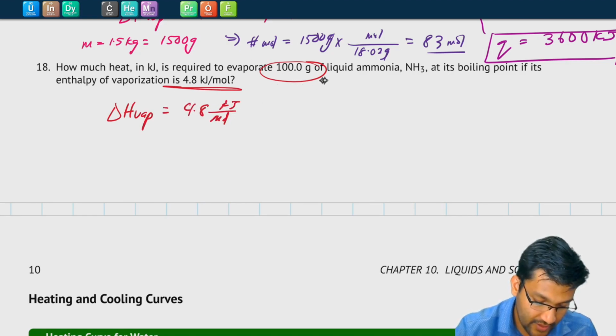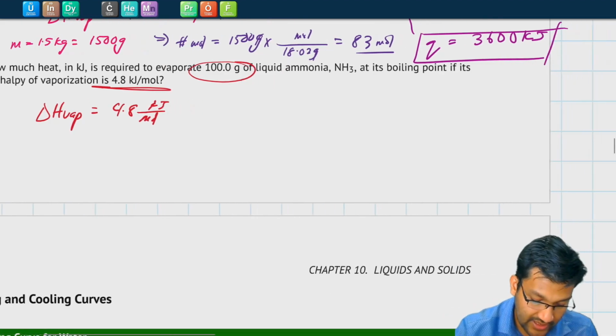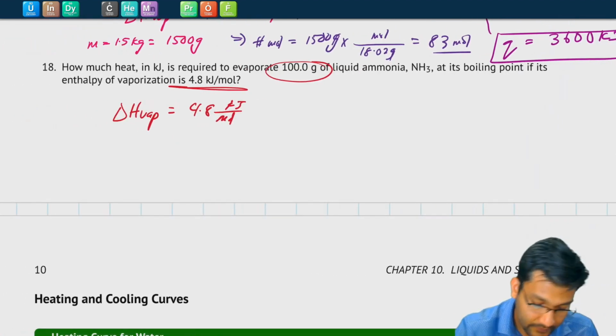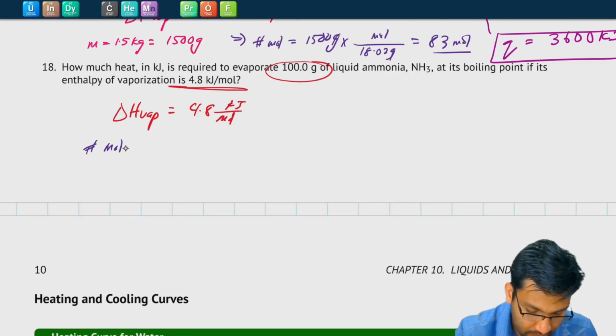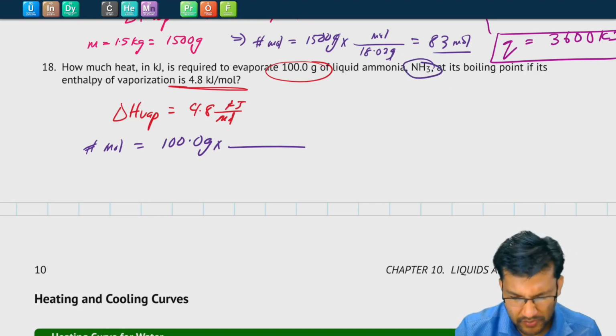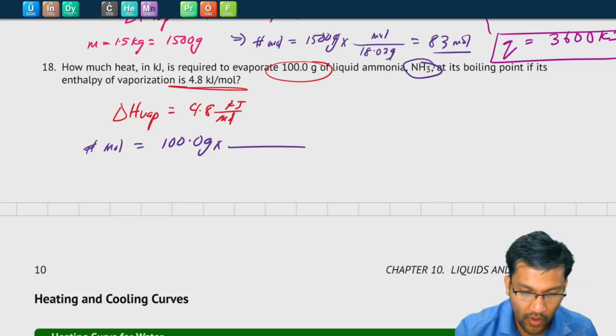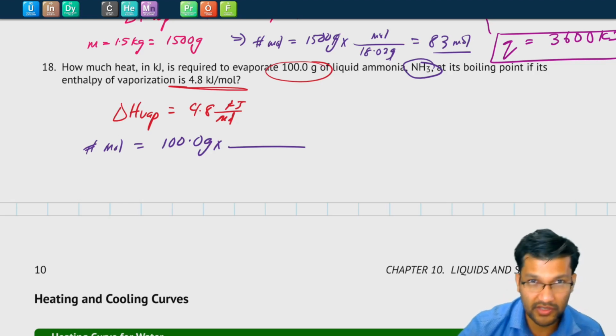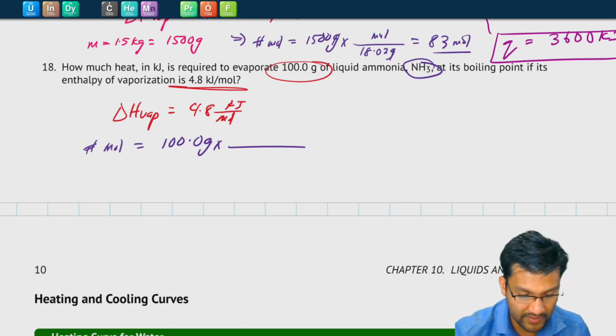So in order to figure out how much heat is required, we need to figure out the number of moles. So the number of moles is going to be the 100.0 grams divided by the molar mass of ammonia. Nitrogen, I believe, is 14.01. Hydrogen is 1.01 grams per mole for the atomic masses.